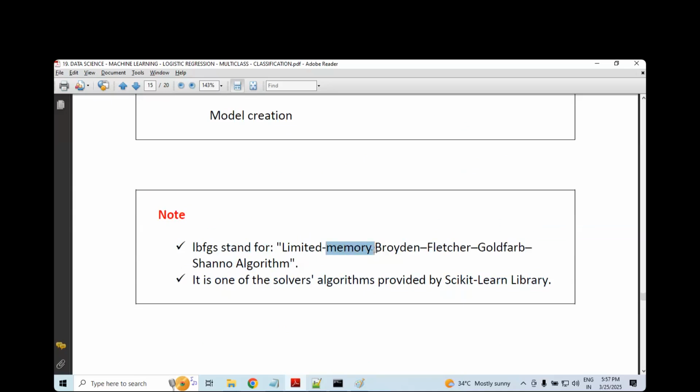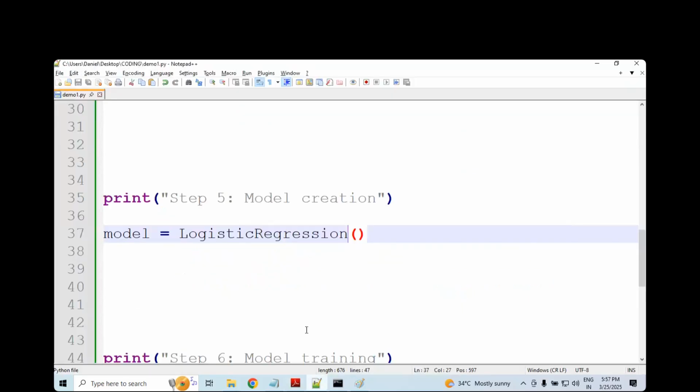Why here only? Because whenever you work with large data sets and create an object of logistic regression, memory is not enough. Then you have to allocate the memory.